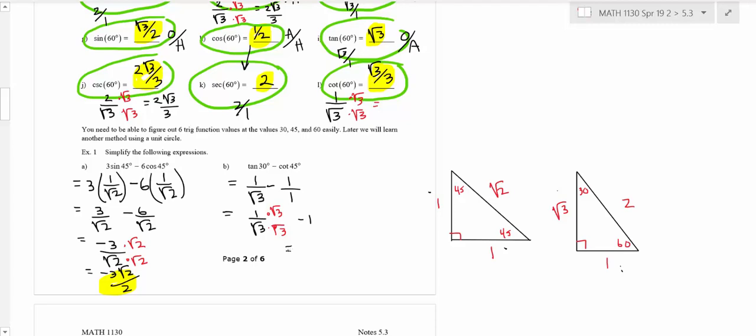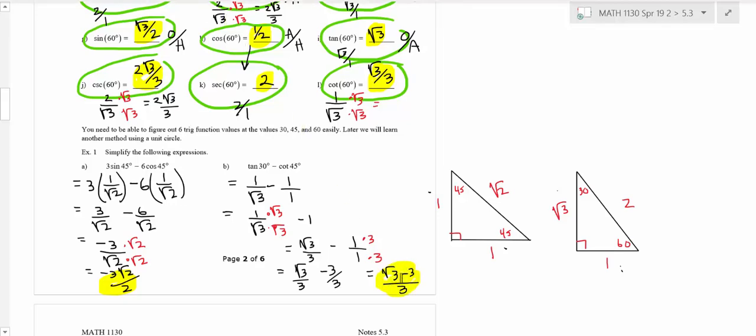So that's going to give square root of 3 over 3 minus 1. Then I'm just going to get a common denominator. So I would end up with square root of 3 over 3 minus 3 over 3. The answer would be square root of 3 minus 3 over 3. You can't go any simpler than that.